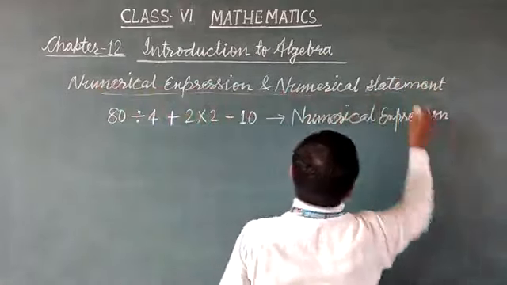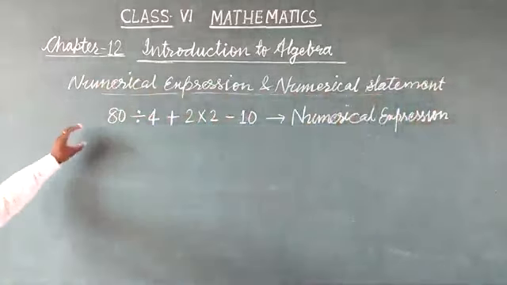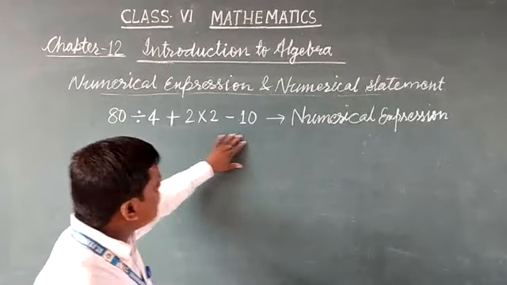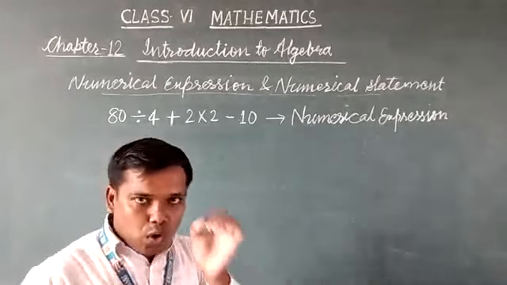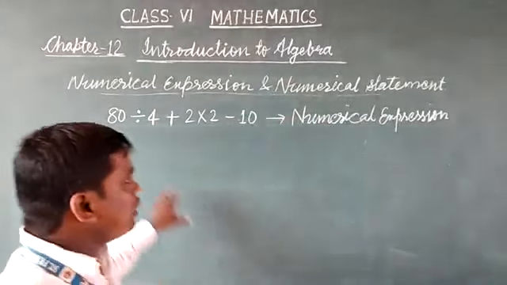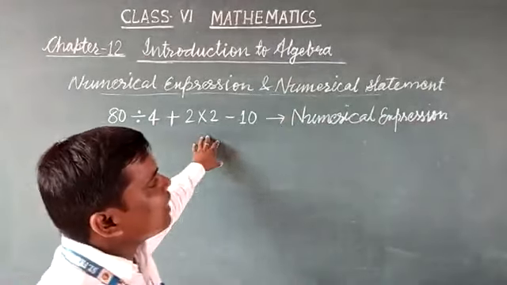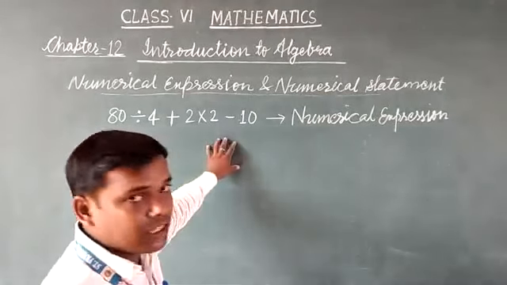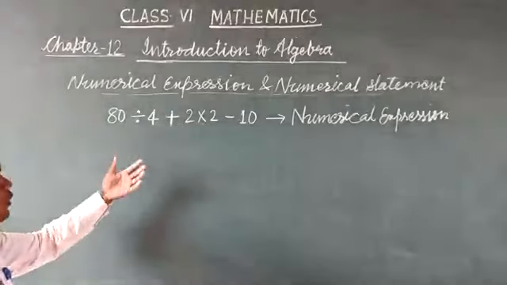This topic I am discussing with you. So, if an expression is written in this form only with numbers, it is called a numerical expression. Now, what will be the value of this expression?